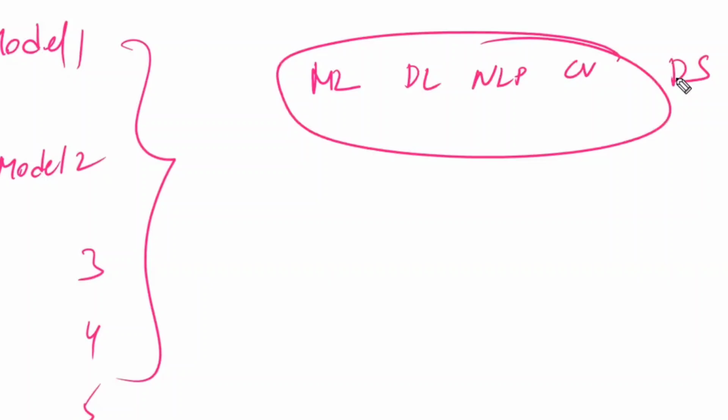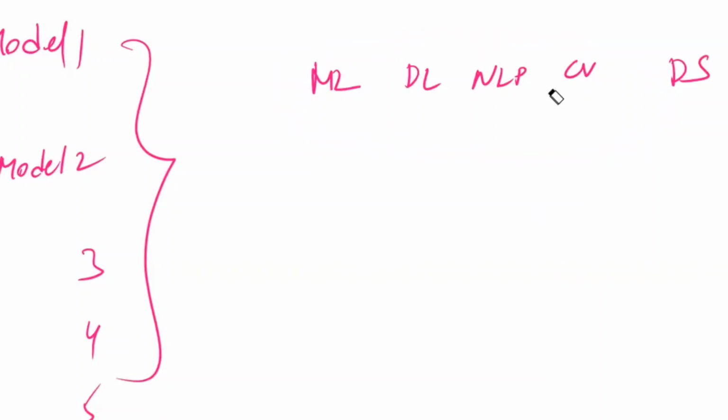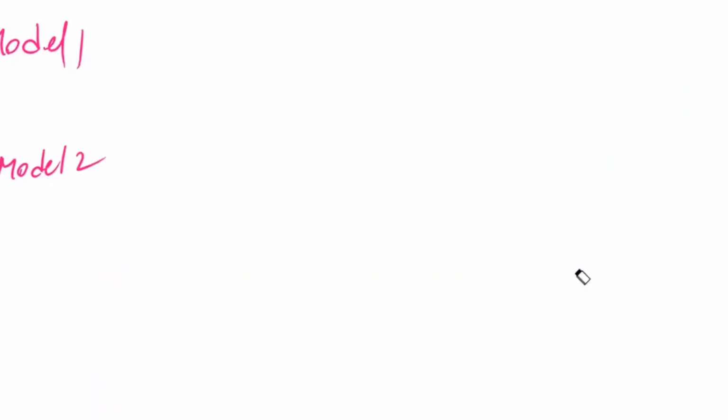Only ML you know means you are called an ML engineer. Is that clear? If you know all these things, it is called a data scientist. Simple. Nothing else. ML engineer is a part of the data scientist only. DL engineer is also part of the data scientist only. NLP engineer is also part of the data scientist only. Okay. Is that clear, guys?